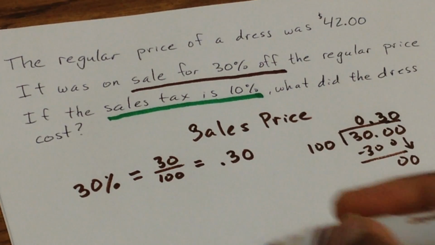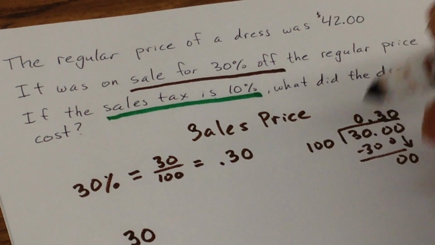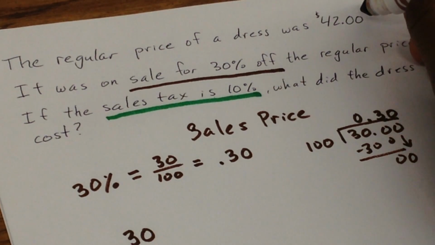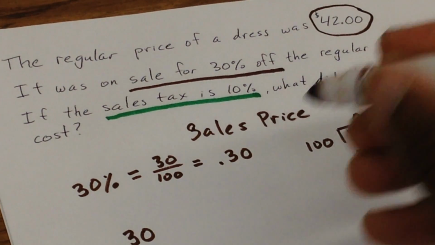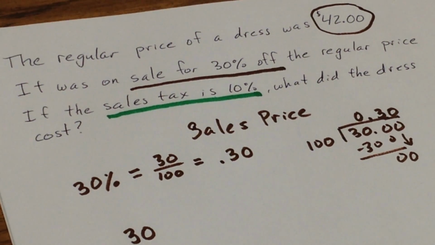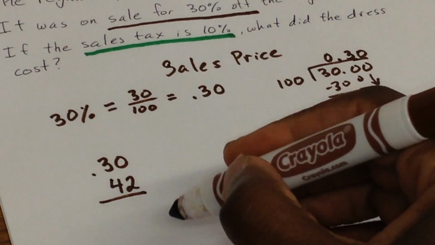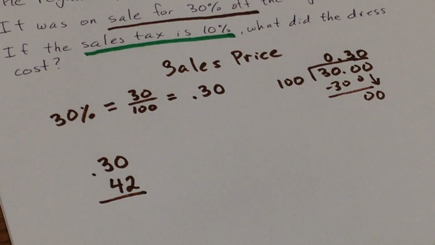So now I'm going to take the 30 hundredths, and I'm going to multiply it by the original cost. The original cost is $42. So let's multiply that. Okay, and you could have done it the other way in terms of making it 42 over decimal point 30.